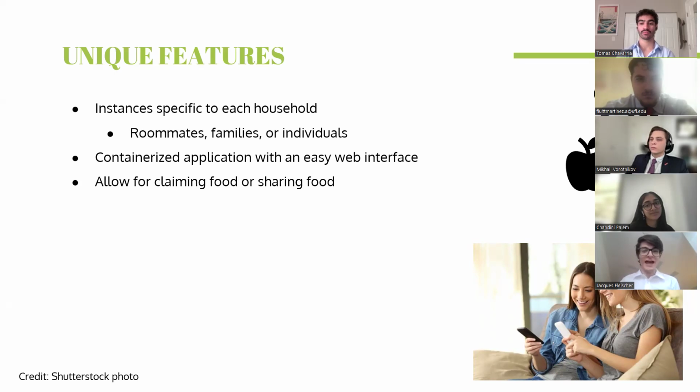We can share the eggs, the apples, what have you. It's good for families and it's even good for individuals to keep track of what you have and what may expire. It's a containerized application with a simple, straightforward, easy to use web interface that allows for claiming of food or sharing food.